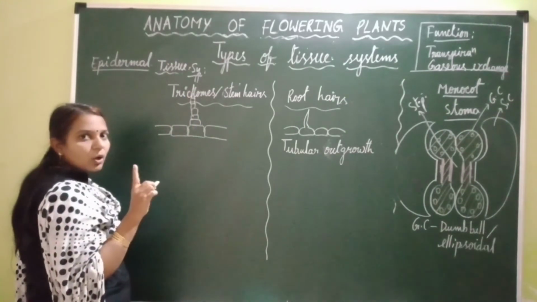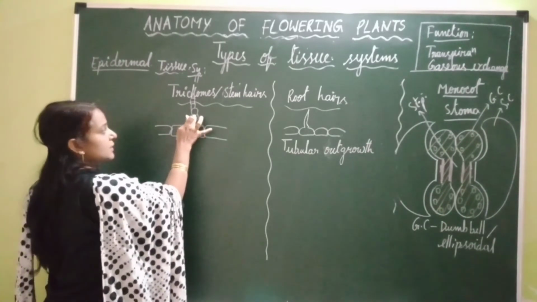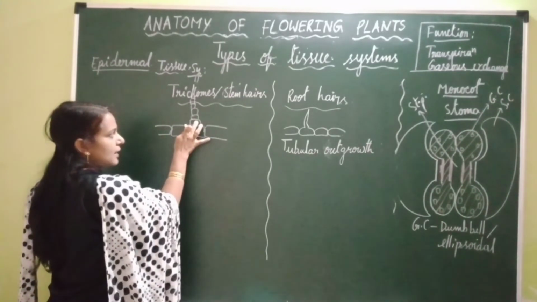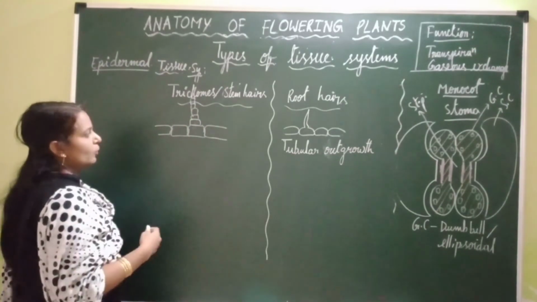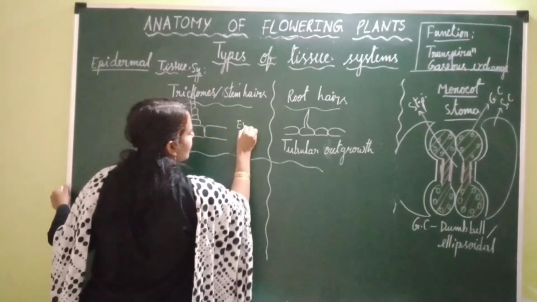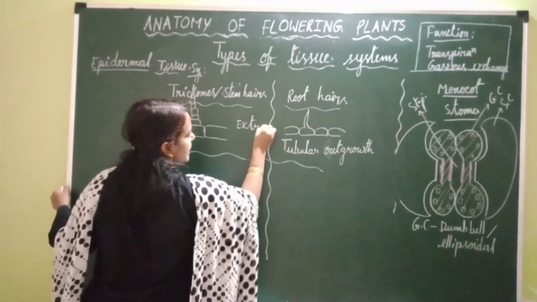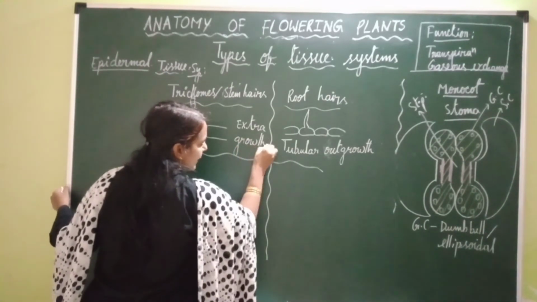These are not the elongations of epidermal cells of the stem. Above the epidermal cell, some more cells are formed, which together form a trichome. Hence, what can we say? Trichomes are extra growths of stem epidermis, not outgrowths.